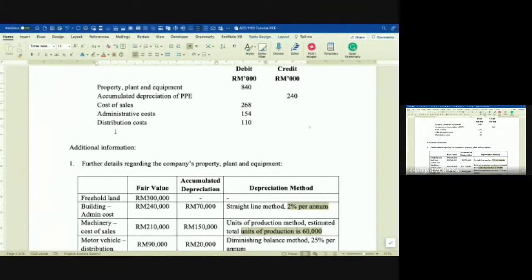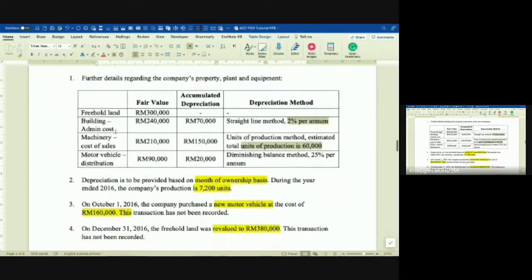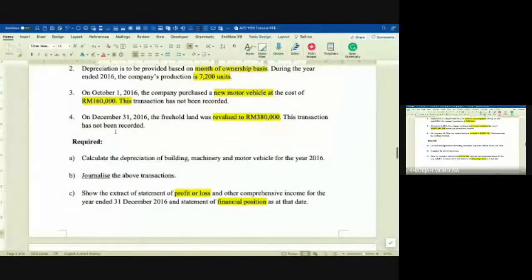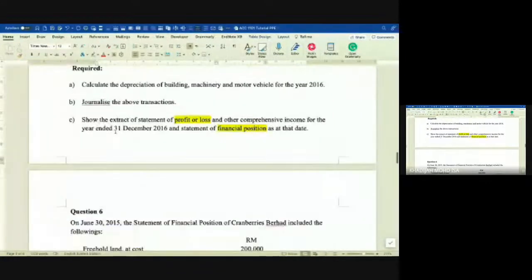But later when you go to a higher level, then you have to categorize the cost accordingly. So if you have depreciation for building, depreciation for machine, depreciation for motor vehicle, I think that is still acceptable because the instruction is also not so clear in terms of the presentation of your answer.